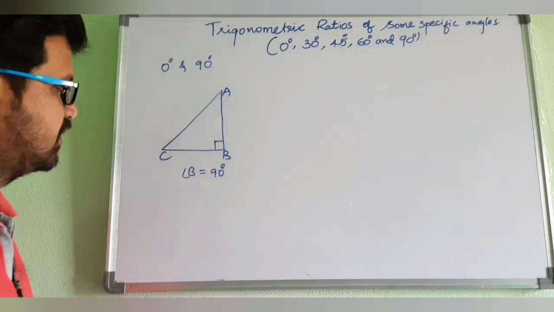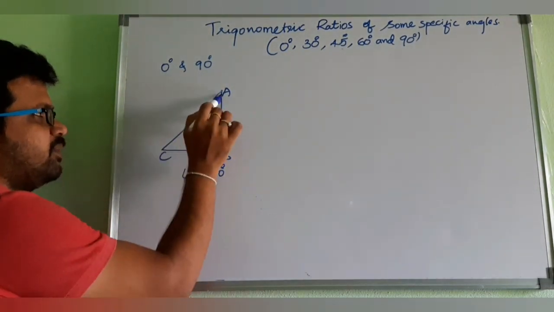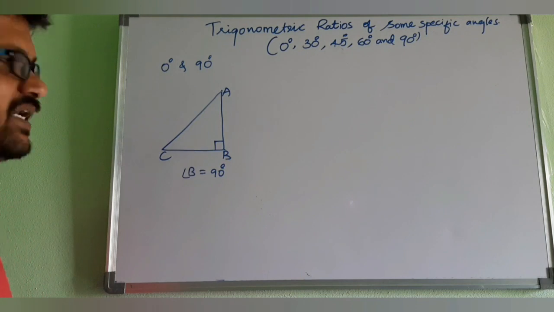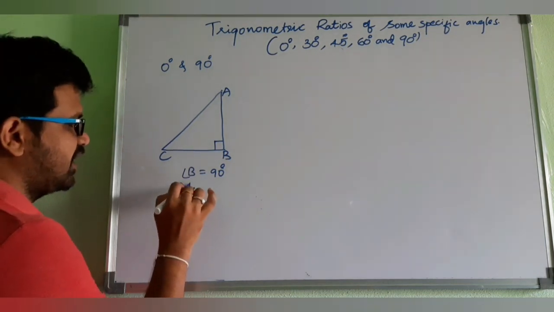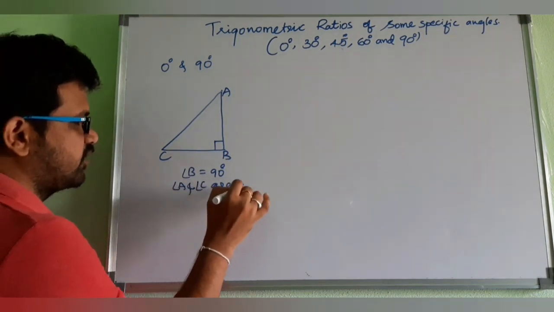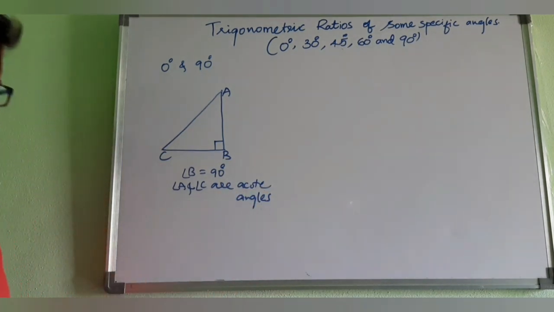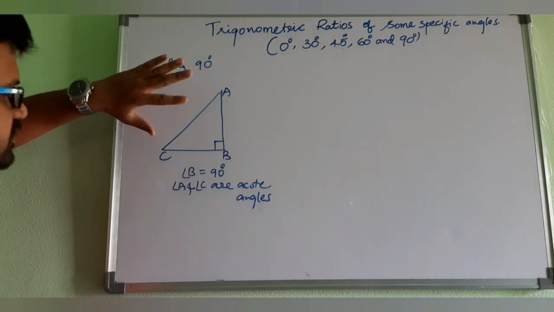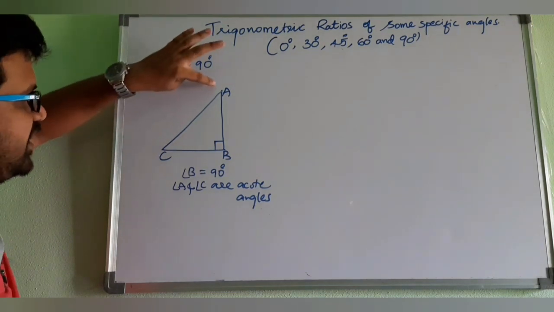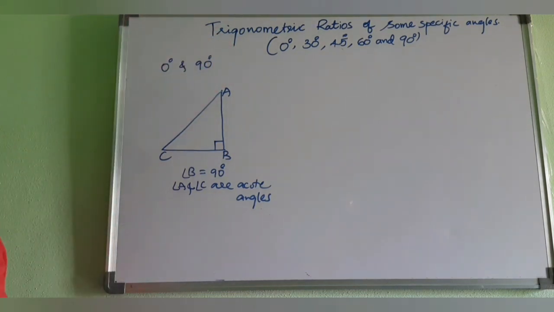What about the sum of the remaining two angles? It is 90 degrees, which means angle A and angle C are acute angles.